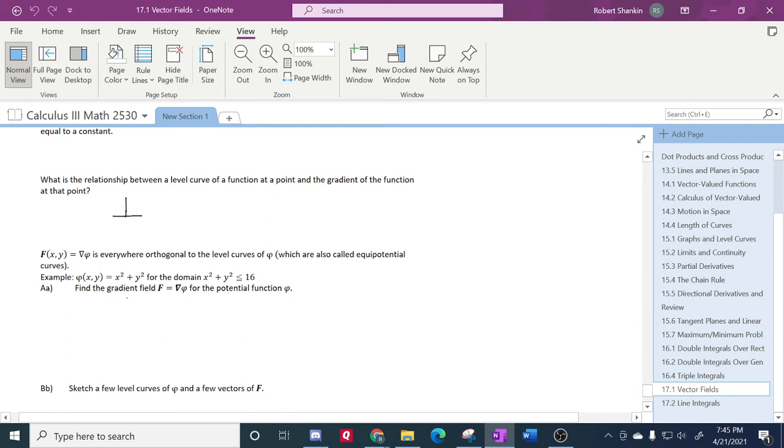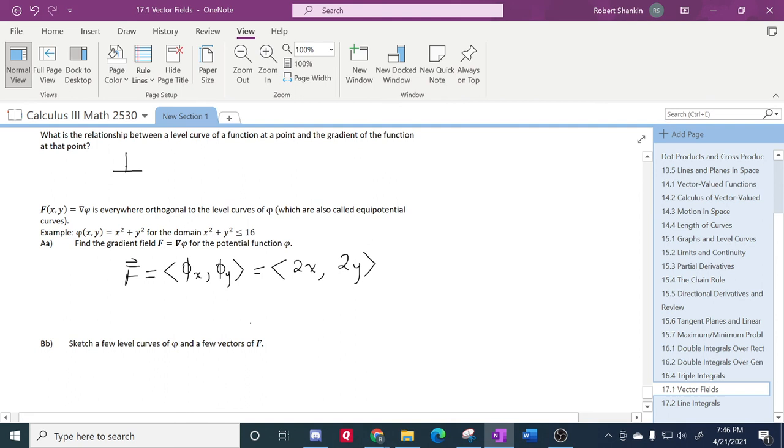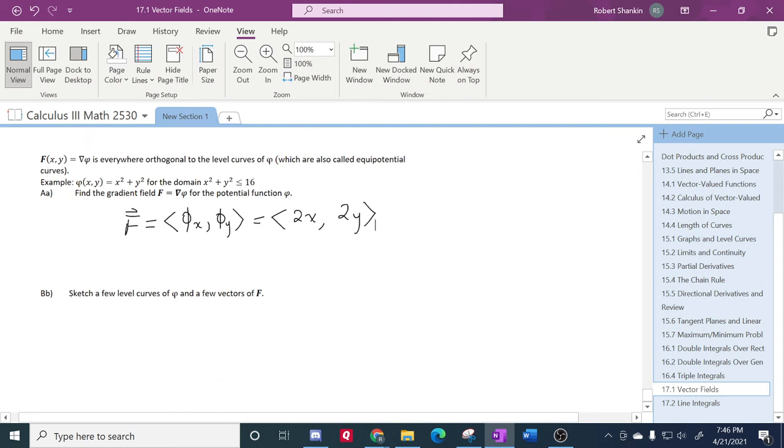So F is the gradient, so it's the partial of phi with respect to x and the partial of phi with respect to y. And it is 2x and 2y. Okay, and then sketch a few level curves of phi and a few vectors of F.